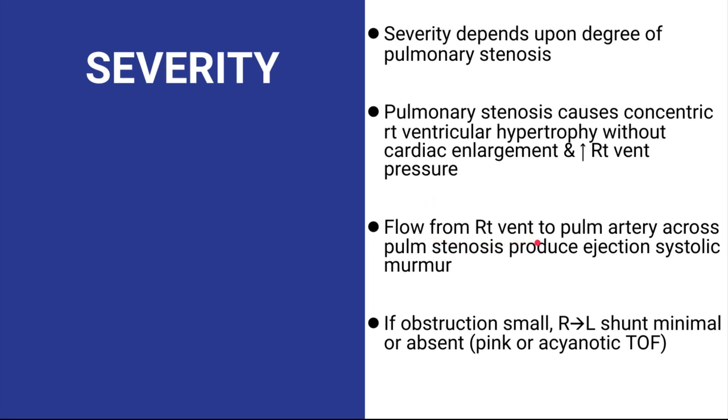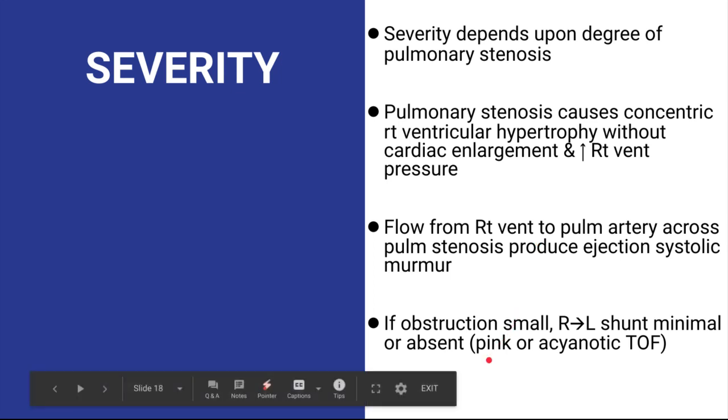So flow from right ventricle to pulmonary artery across pulmonary stenosis produces ejection systolic murmur, and the intensity of the systolic murmur is inversely related to severity of pulmonary stenosis. So in cyanotic spell, when pulmonary stenosis worsens due to infundibular spasm, ejection systolic murmur will disappear or decrease.